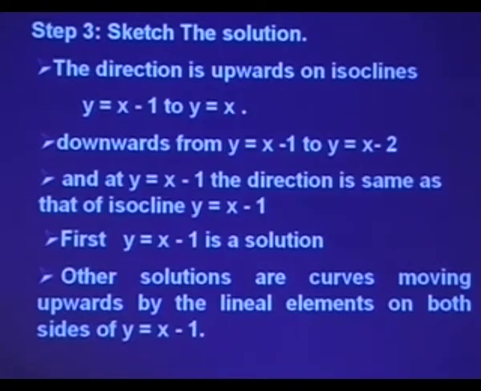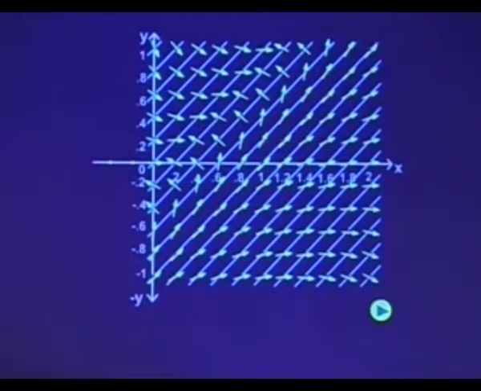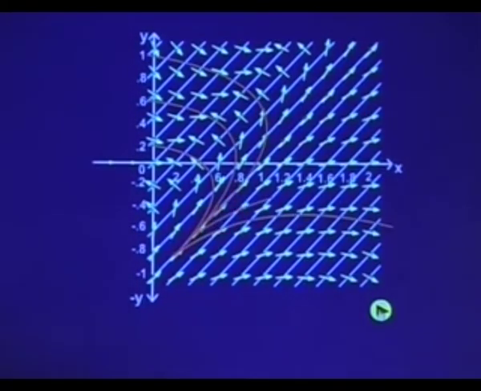Let us see how we are going to sketch it. Here I am just giving you the solutions, and you see how I had sketched it. You have got enough idea of how we are doing things: first on the upside and then on the downside of the line y is equal to x minus 1. So first, this line y is equal to x minus 1 is one solution.